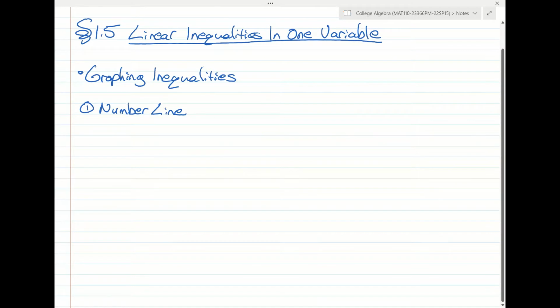On the number line, I'll give you a few examples. We use these symbols, parentheses, if we're graphing an inequality and it's not equal to, or for infinity.